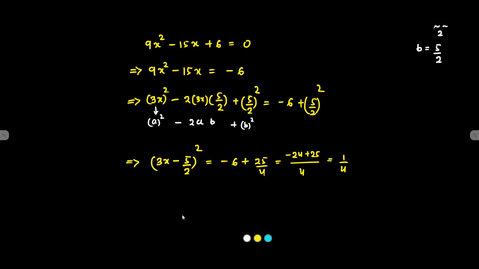So 3x minus 5 by 2 whole square is equal to 1 by 4. That implies 3x minus 5 by 2 is equal to root over 1 by 4, which is equal to plus or minus 1 by 2.